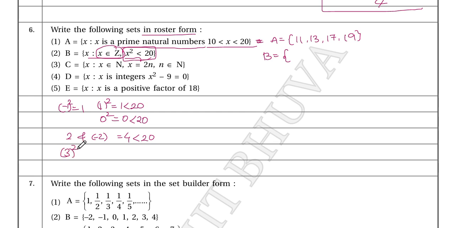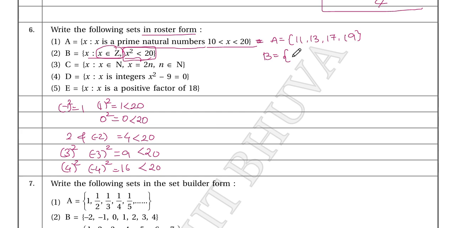Square of 3 and minus 3 is 9, less than 20, so that will come. Then square of 4 and minus 4 is 16, less than 20, so that will come. Then 5 and minus 5, the square is 25, which is more than 20, so that won't come.